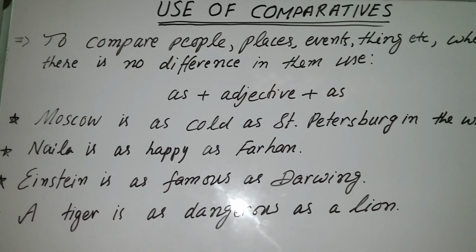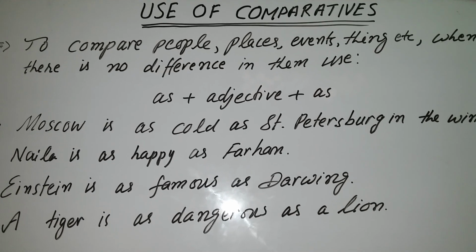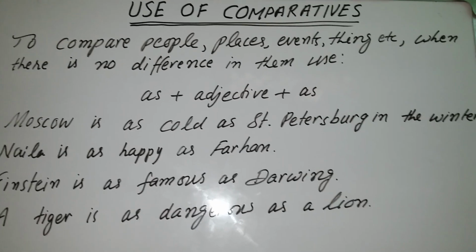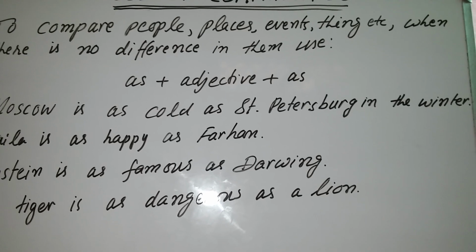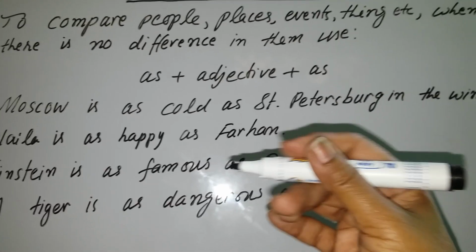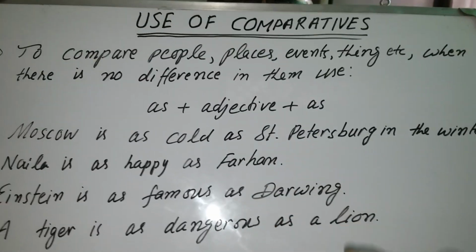Now this is another formula for making the comparison. To compare people, places, events, things, etc., when there is no difference in them, use as plus adjective plus as. Before this we have practiced how the comparison is made when you want to show difference between two nouns.